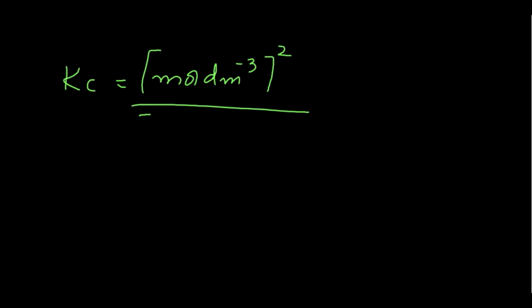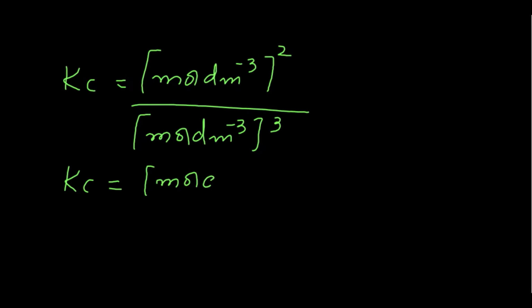So what should be the next step of this reaction? In the next step, we will write here Kc is equal to mole per cubic decimeter raised to the power 2 over mole per cubic decimeter raised to the power 3, or we can write as Kc is equal to mole per cubic decimeter raised to the power 2 minus 3.